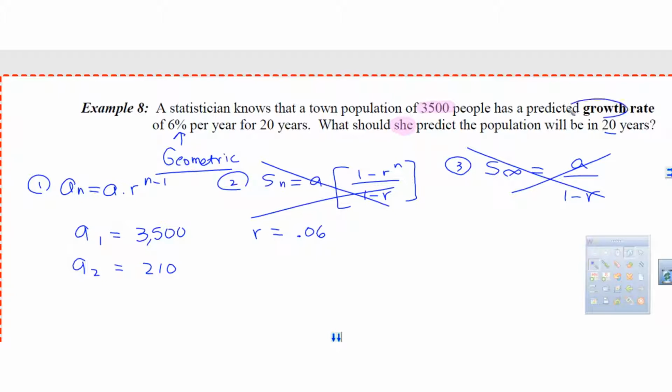It's growing. Is that right? What does the 210 stand for? The increase, right? And then we want to add it, right? We want to put plus, but we can't add because this is geometric.